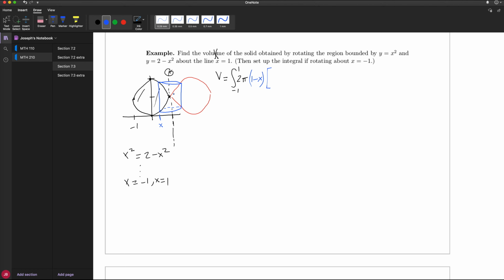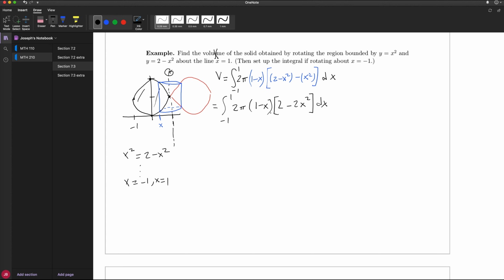And now the height of the cylinder is given by the upper function, which is 2 minus x squared, minus the lower function, which is just x squared itself, dx. Okay, so what this simplifies to is the integral from -1 to 1, 2 pi (1 minus x) times (2 minus 2x squared).